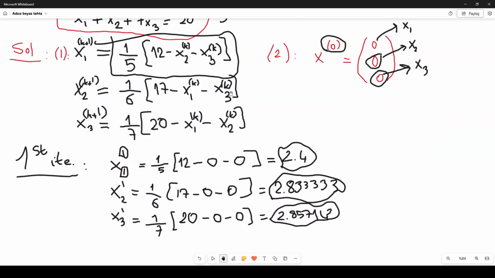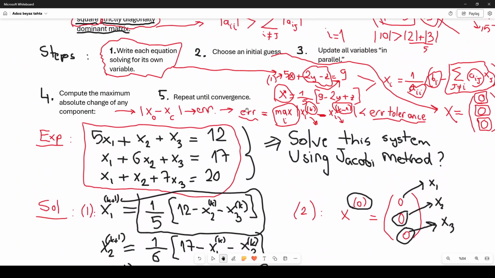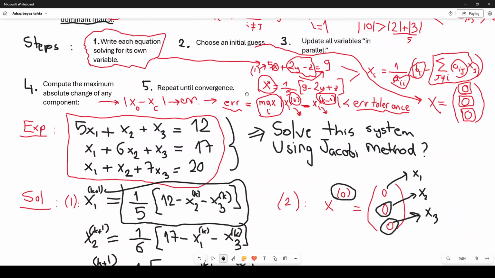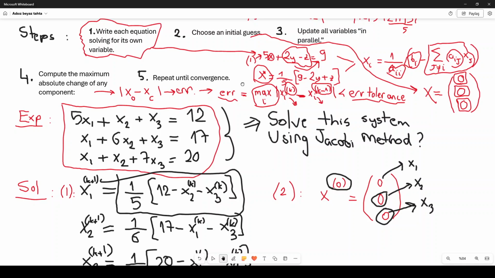We have updated the variables in parallel, so we're done with the third step for the time being. Of course, we will decide whether or not we should continue. Now we're in the fourth step.